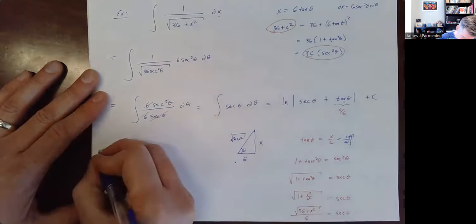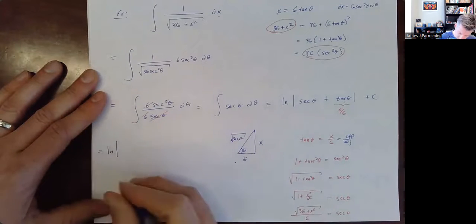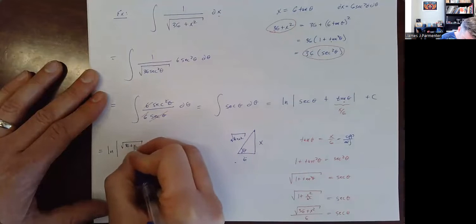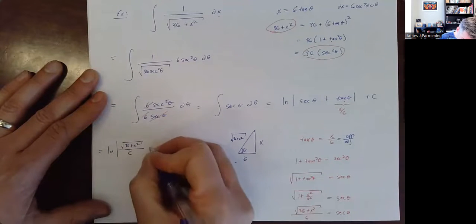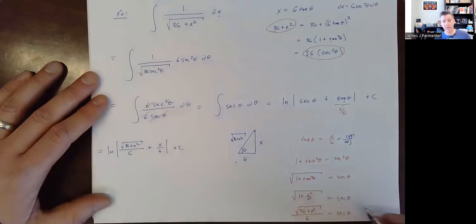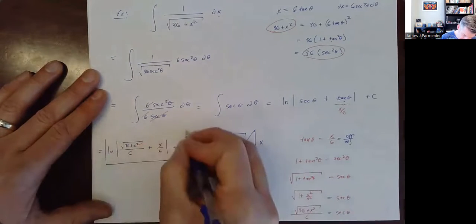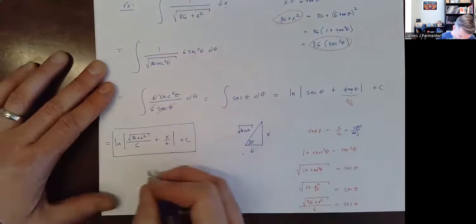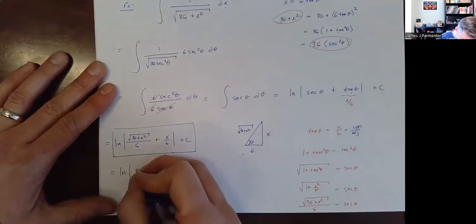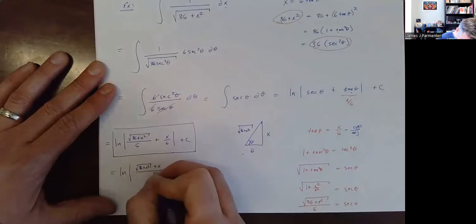So my final answer is going to be the natural log of the absolute value of secant of theta, which is the square root of 36 plus x squared over 6, plus tangent of theta, which is x over 6, plus c. And I would probably leave it like that, but some people might simplify this. Since you've got a common denominator here, they might write this as the natural log of the absolute value of the square root of 36 plus x squared plus x, all over 6.